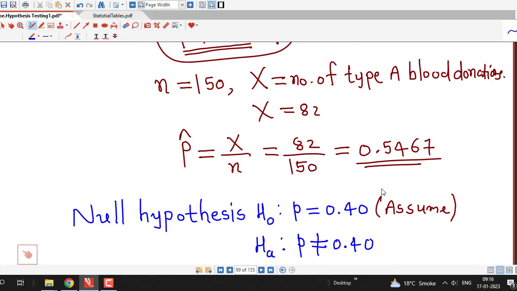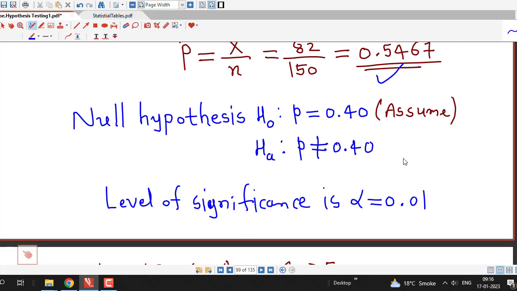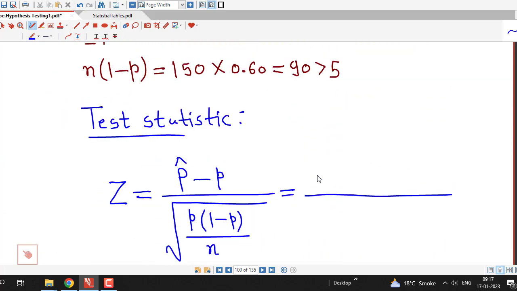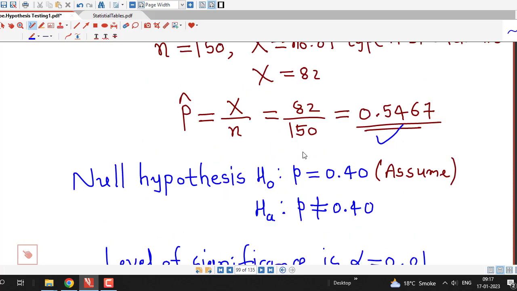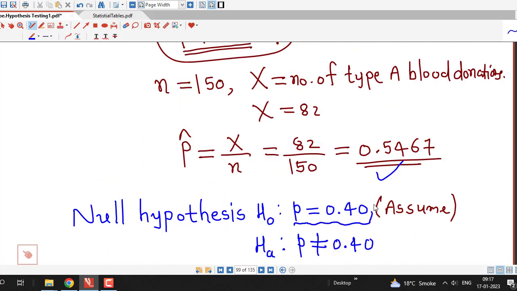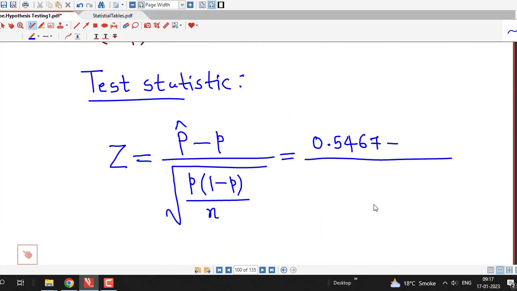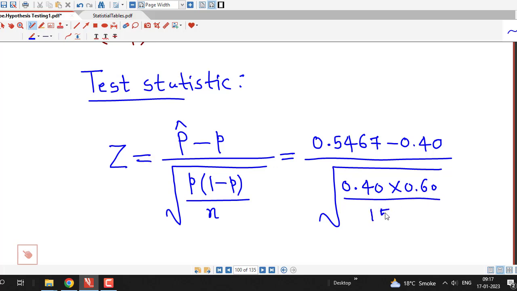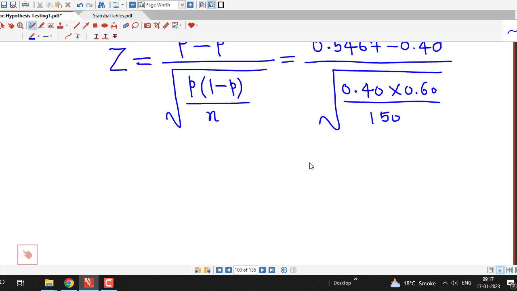We have calculated the sample proportion as 0.5467. Let me substitute this. 0.5467 minus, we assume that null hypothesis is true, therefore we can put small p equal to 0.40, and this is square root of p, that is 0.40, 1 minus p, that is 0.60, and sample size is 150.